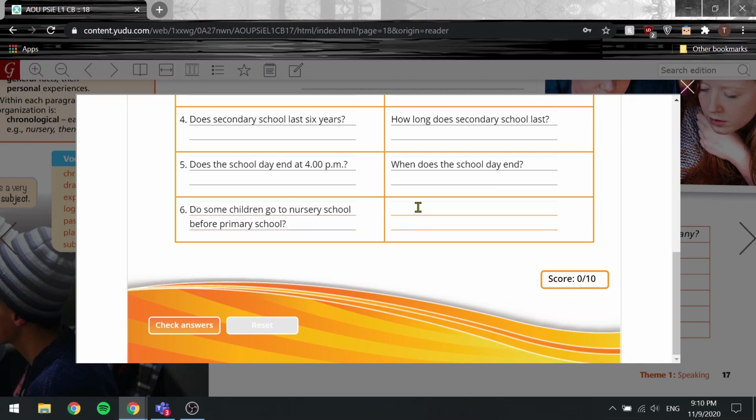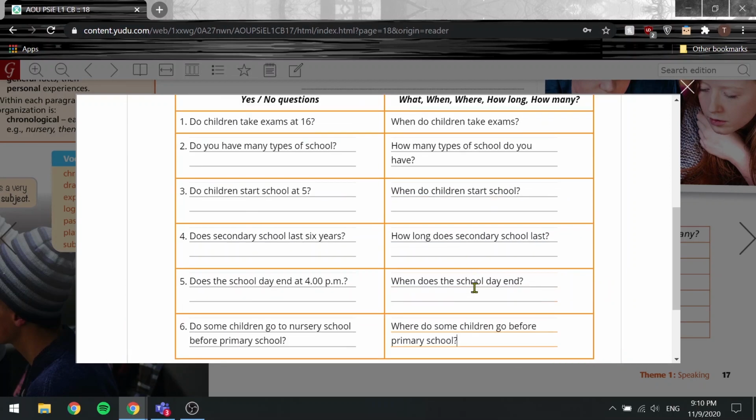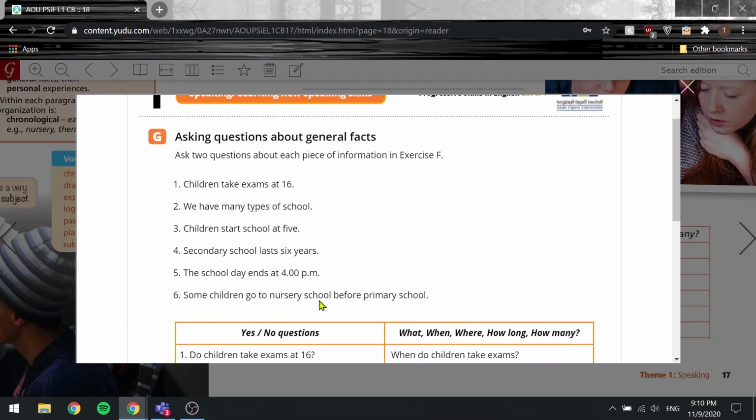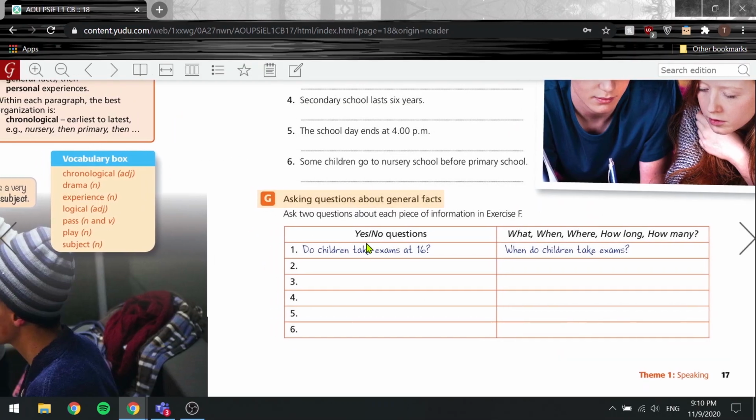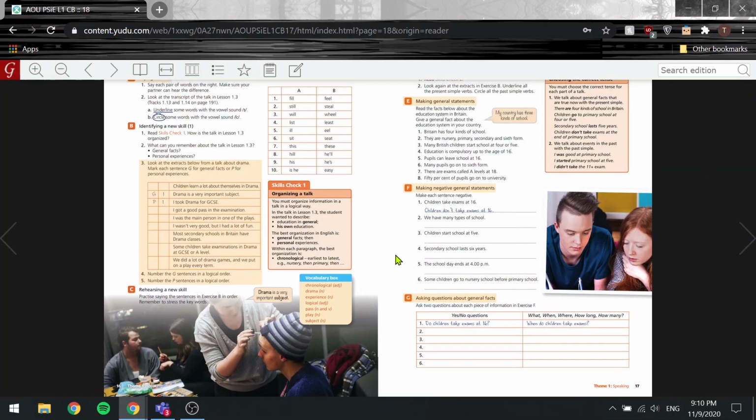And for a normal question, we'll say, where do some children go before primary school? And then question mark, which you can reply to by saying they go to nursery school. Okay, so that was exercise G. And I think that's it for this page. Now let's move on, you guys.